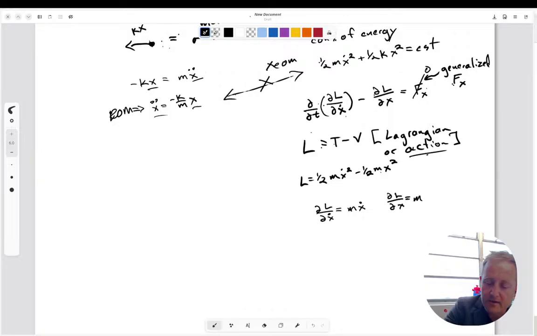Oh, why did I write m? I'm losing control of my pen. So dL/dx is, let's see if I can delete this. OK, there we go, is kx, like that. So I think you see where this is all kind of going.